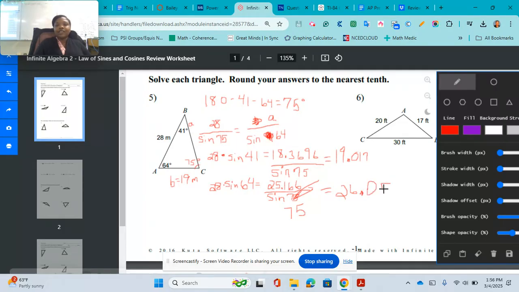We need to round it to the nearest tenth, so that will be what as our answer? 26.1. Because if it is a 5 or higher, we must go up. So this 0 goes up to 1. So the answer for the length of A, that would be 26.1.